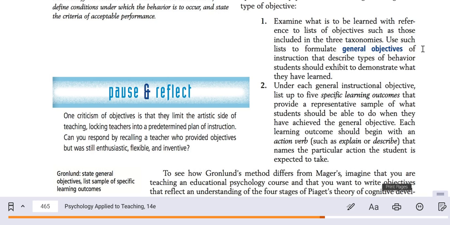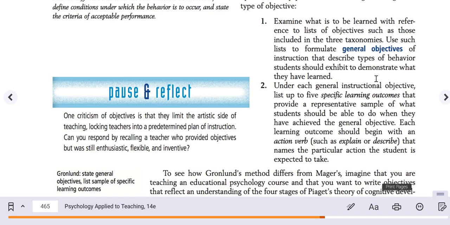Under each general instructional objective, list up to 5 specific learning outcomes that provide a representative sample of what students should be able to do when they have achieved the general objective. Each learning outcome should begin with an action verb, such as explain or describe, that names the particular action the student is expected to take.